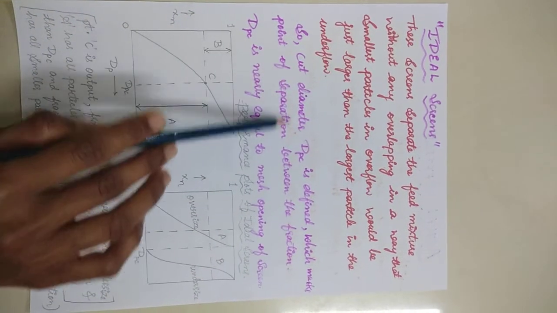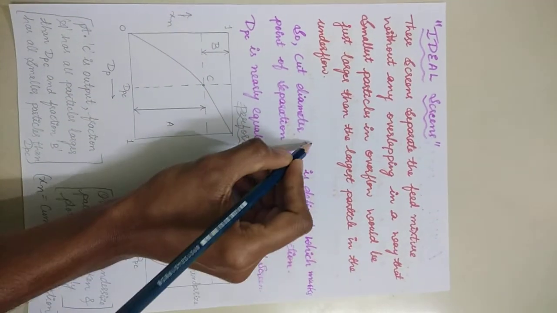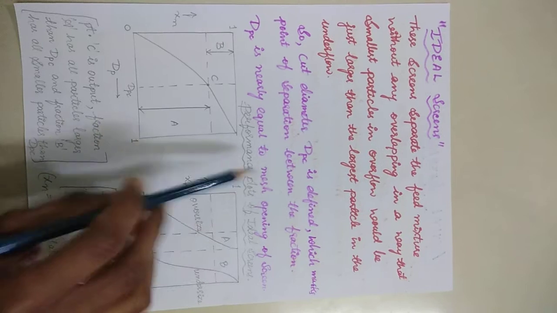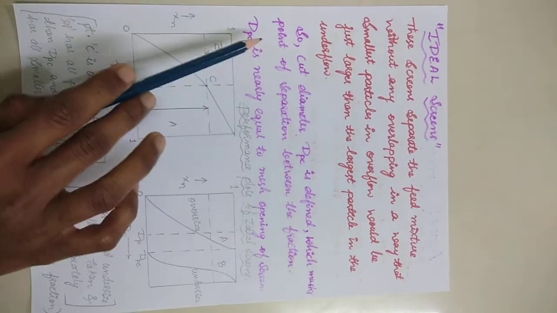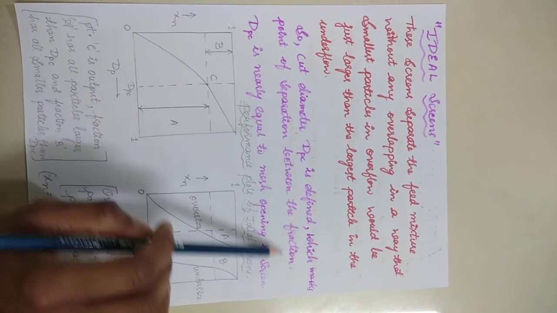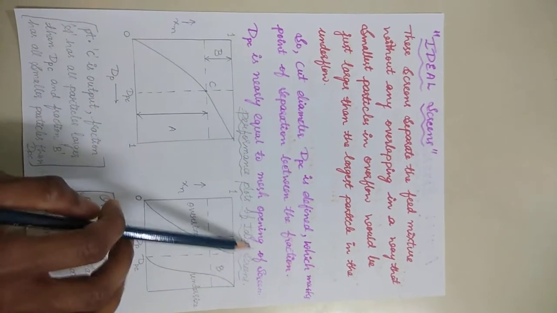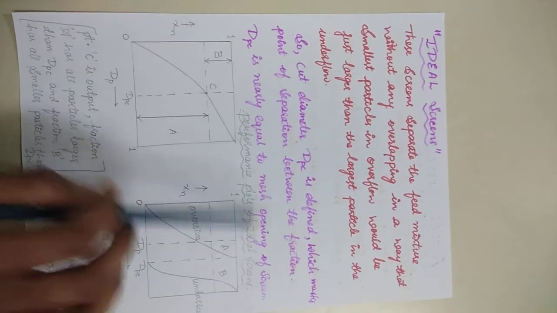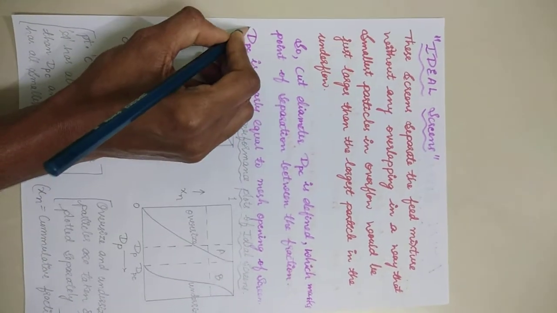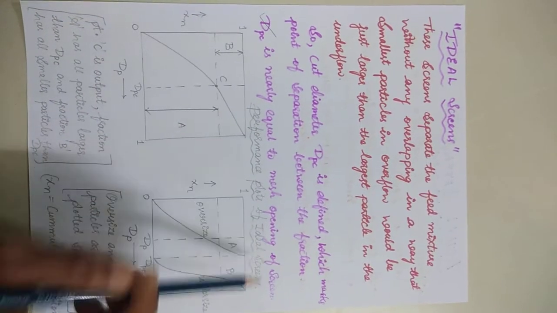There is a cut diameter, denoted by DPC, which marks the point of separation between the fractions. DPC is nearly equal to the mesh opening of the screen. This you must remember, this is a note point.